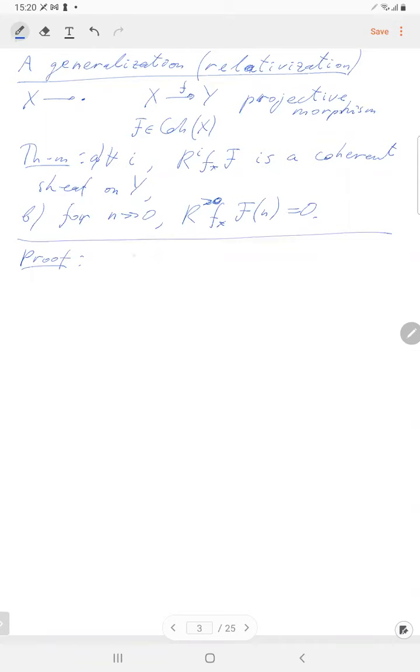So first of all, when I say that F is a projective morphism, what do I mean? Well, I mean that we have the product Y times some big projective space, and a closed embedding from X to this.